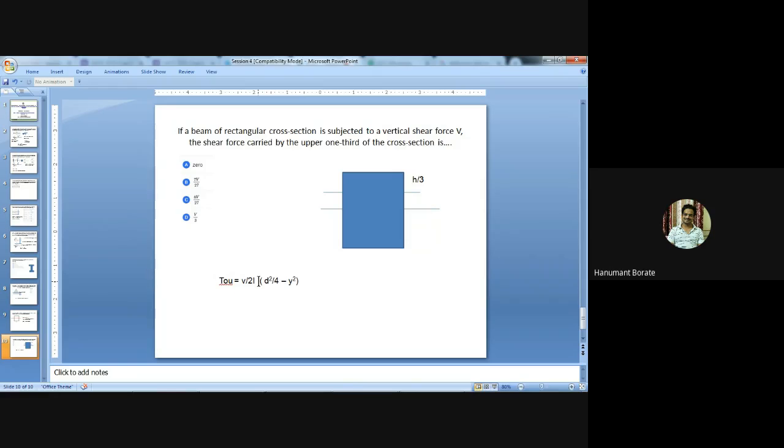Now we need to calculate at a distance of h by 3 from the top side, means this distance is h by 2 minus h by 3, and that value we need to take as the y distance. Okay, then we can calculate I equal to again bh cube by 12, and if we put the value we'll get the answer. That answer is 80V by 27. Just try to solve it. Okay.